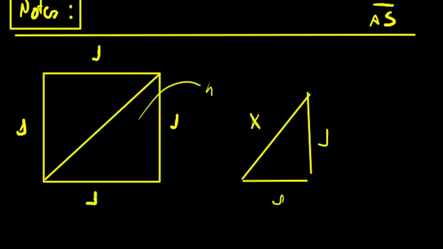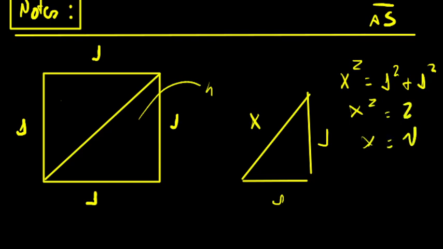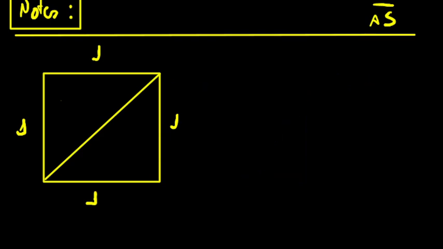So let's use the Pythagorean theorem. x squared is equal to 1 squared plus 1 squared. x squared is equal to 2. So x is equal to the square root of 2. Okay, so the diagonal of the square is the square root of 2. So this angle is 45 degrees, and this is 45 degrees too.